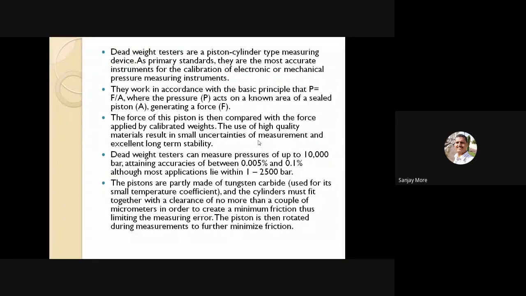As primary standards, they are the most accurate instrument for the calibration of electronic or mechanical pressure measuring instruments.